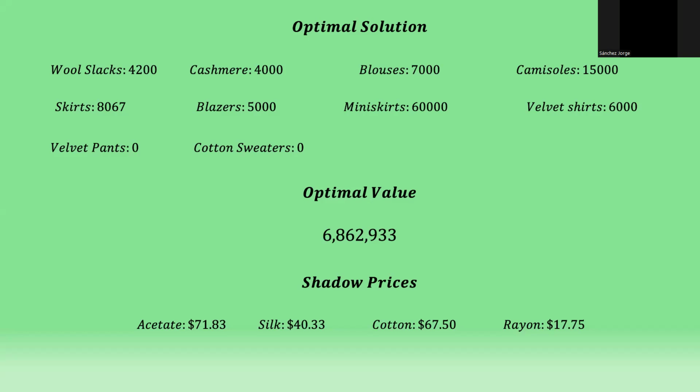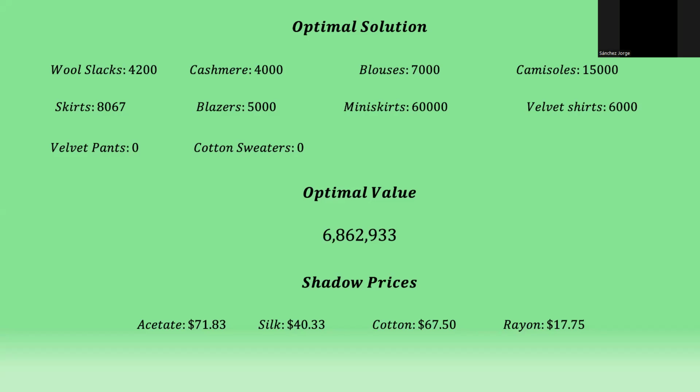And our optimal value is 6,008,062,933. And finally, our famous shadow prices, which are acetate, $71.83; silk, $40.33; cotton, $67.50; and rayon, $17.75.